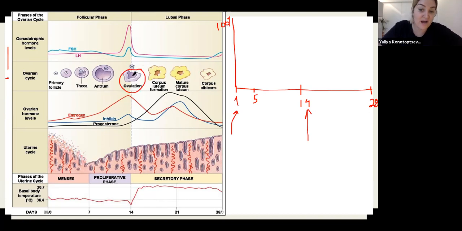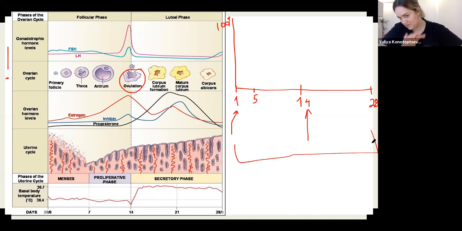So your Graafian or tertiary follicle will be rupturing and releasing your oocyte. Day 14 is in the middle of your ovarian cycle, so as a result it sort of divides the ovarian cycle into two.